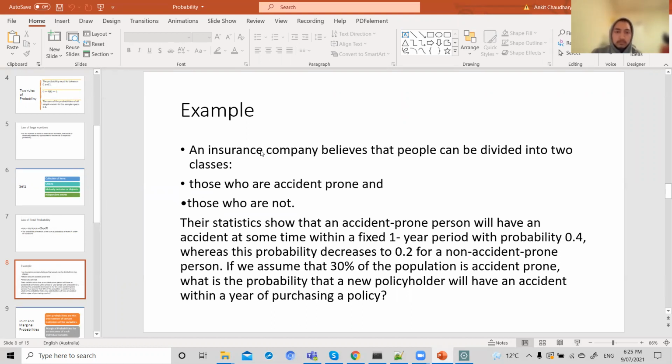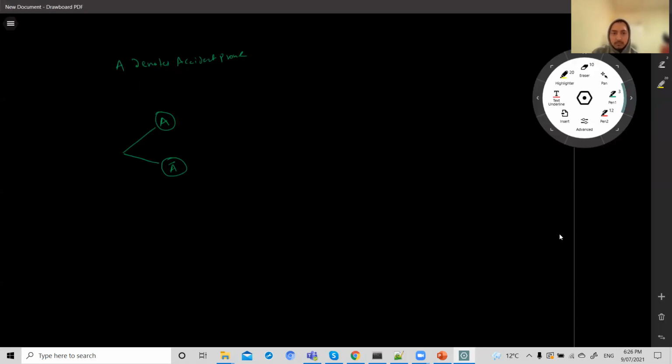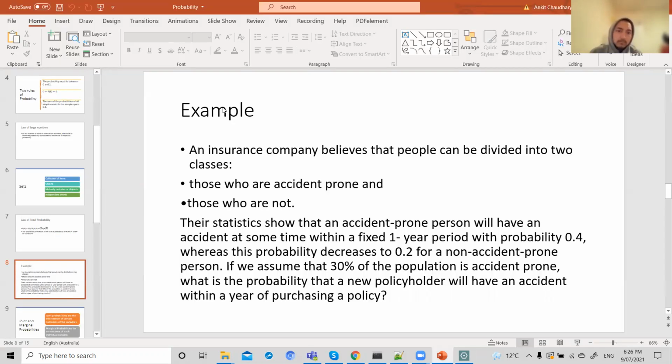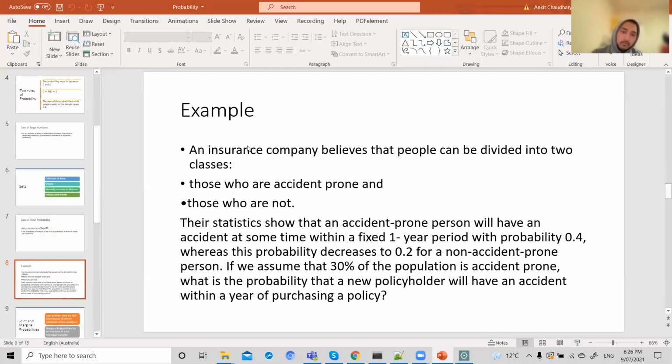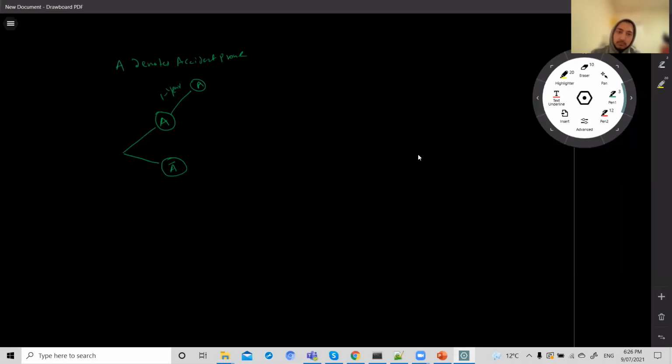Okay, then the statistics show that an accident prone person will have an accident at some time within a fixed 1 year period with probability 0.4, right?